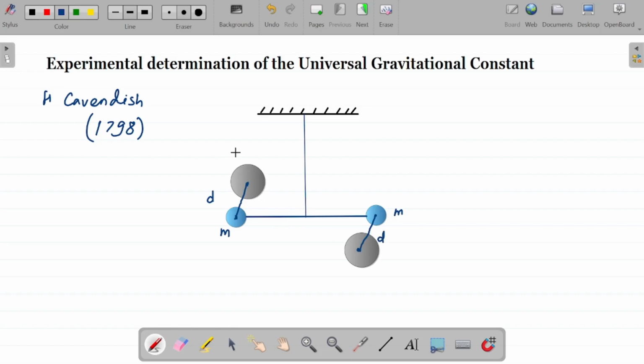There will be equal and opposite gravitational force on this system, in which there are two masses connected at the two ends of this rod. Let's say the length of this rod is L, or more precisely, the distance between the two centers of these two small spheres is L.